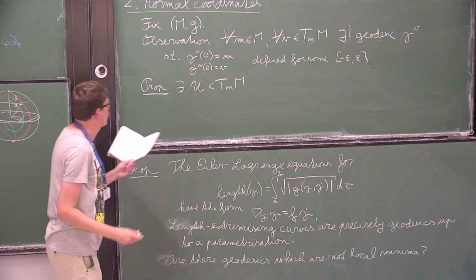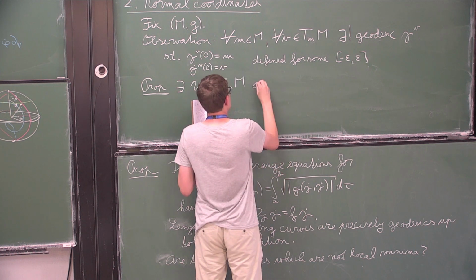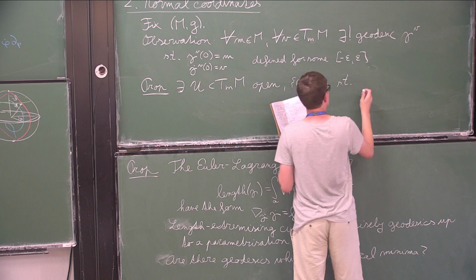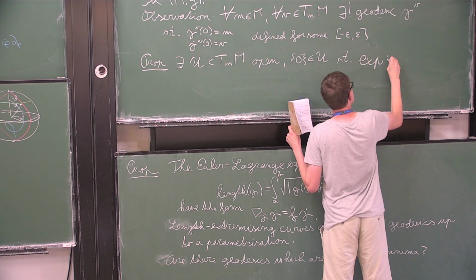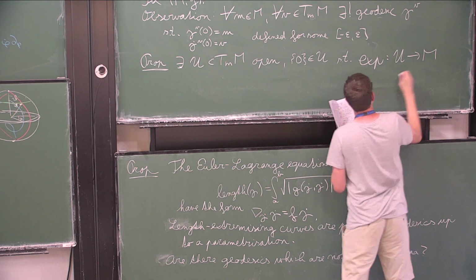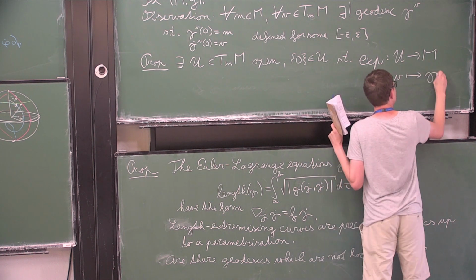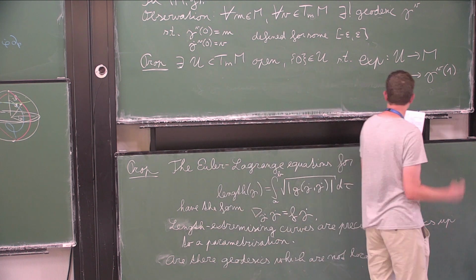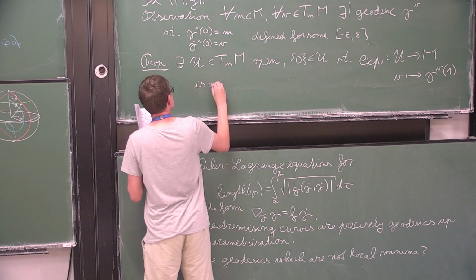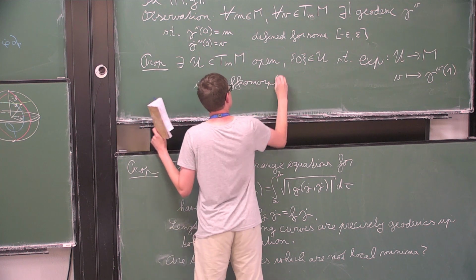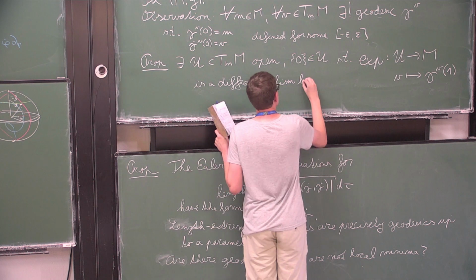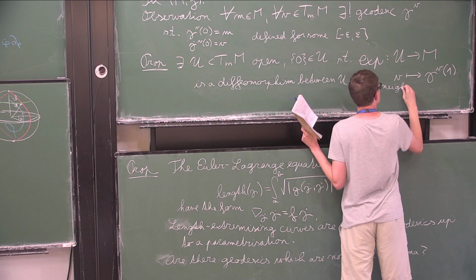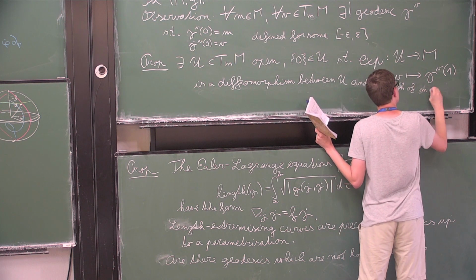Remember, this is a vector space, the space of all the directions at the point M. It's open, and there is an open set which contains the origin, 0 is contained, such that the following map X, that goes from U to M, defined by sending a vector to the corresponding geodesic evaluated at time 1, is a diffeomorphism between U and the image, a neighborhood of X, M in M.